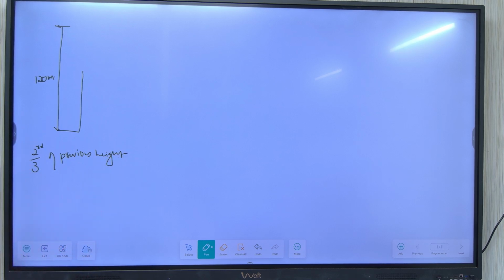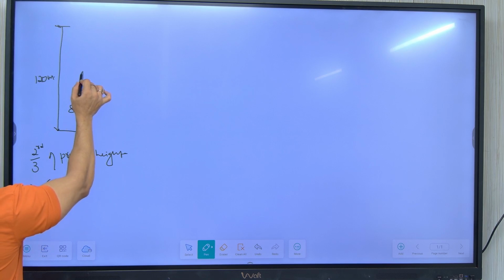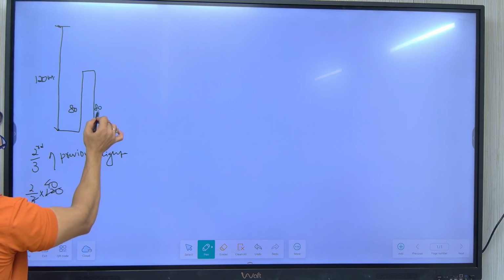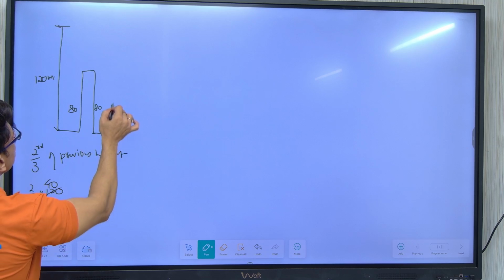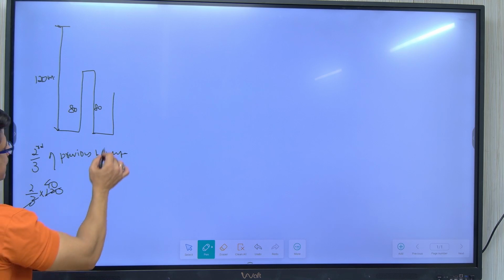Right? Every time it hits the ground, it bounces back to two-thirds of the previous height. That means two-thirds of what? 120. How much? 80. Right? Again, two-thirds of 80. This is 160 by 3.